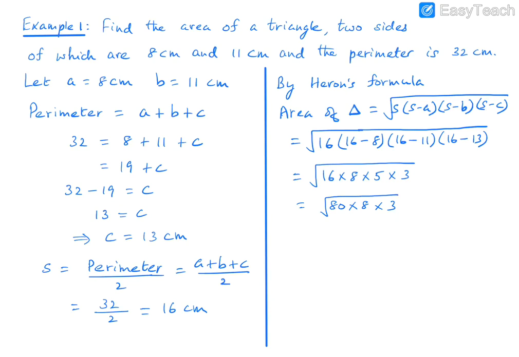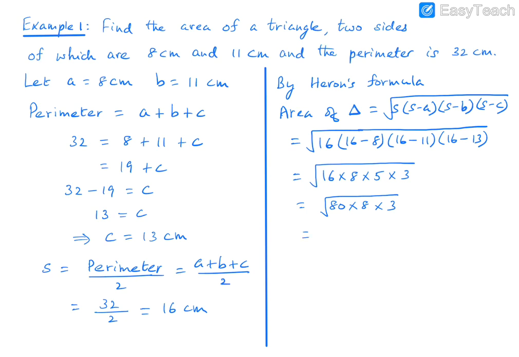So this is not going to be a perfect square inside the square root. So to simplify our calculations, I'm just rearranging the numbers. So I basically multiplied the 16 with 5. So 16 fives are 80, into 8 into 3 we have as it is. So now we can write this 80 as 8 into 10.